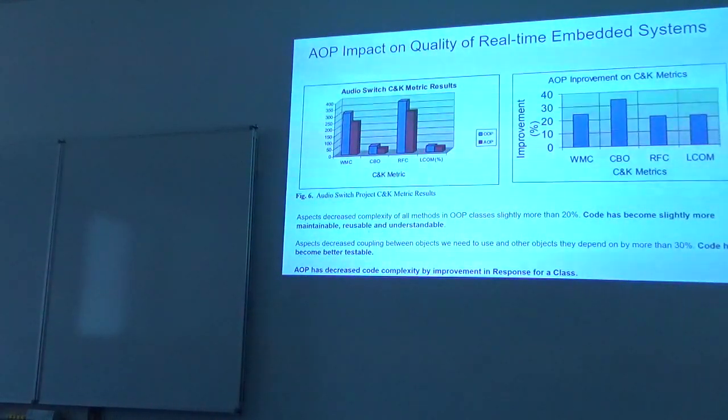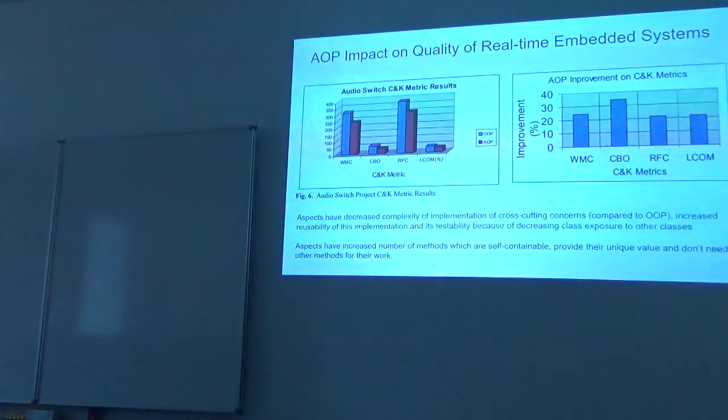But as I said previously, these attributes are just characteristics of the software quality itself, not of performance. And they were also able to achieve better performance characteristics of their audio switch software, which are critical in such a system, because an audio switch would otherwise play the same audio sample more than once, which would be kind of strange.